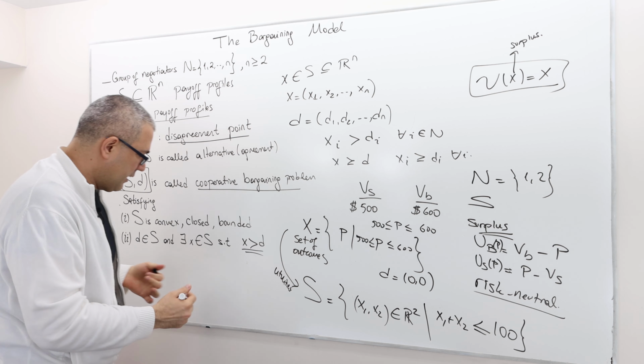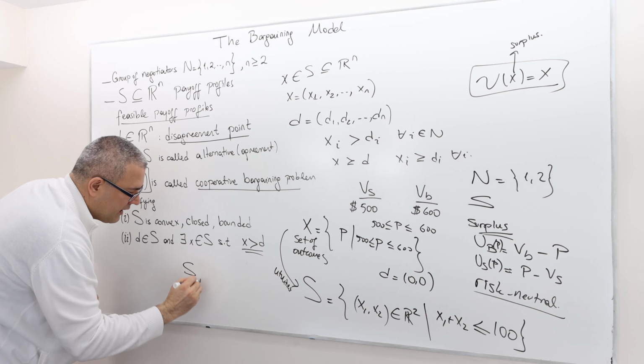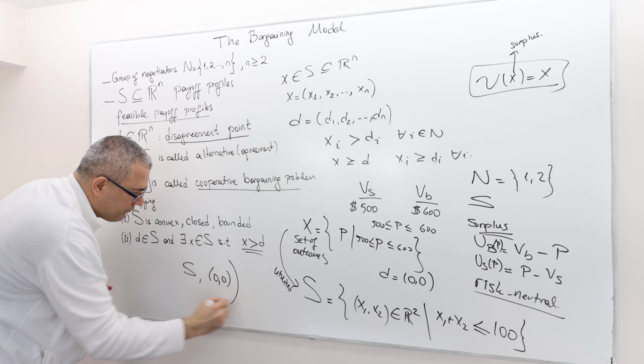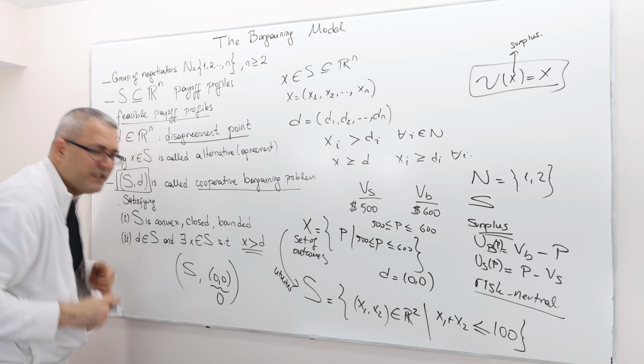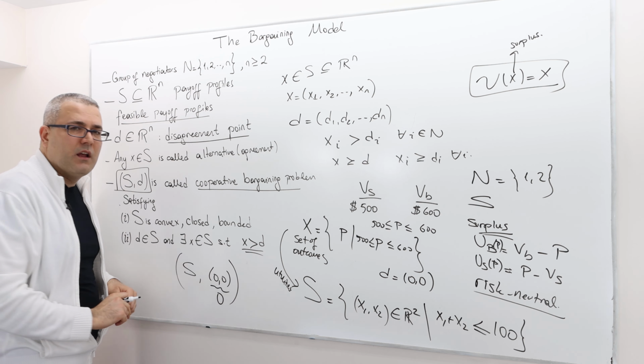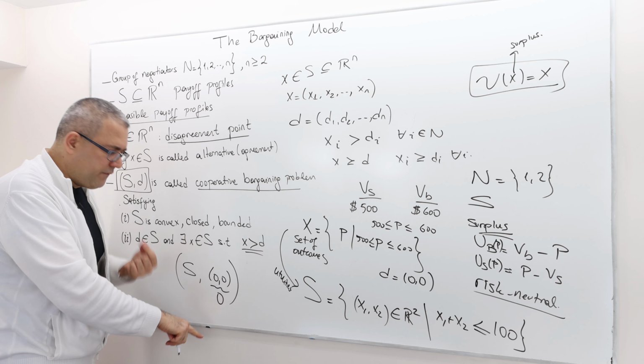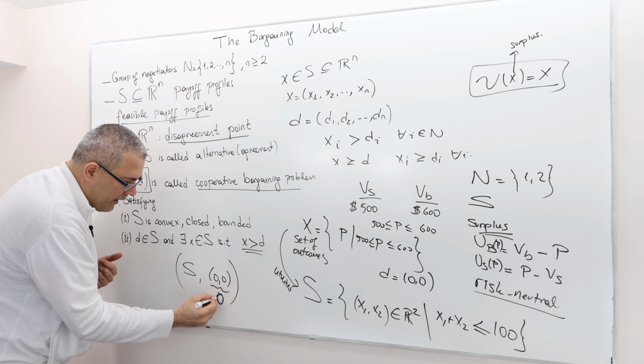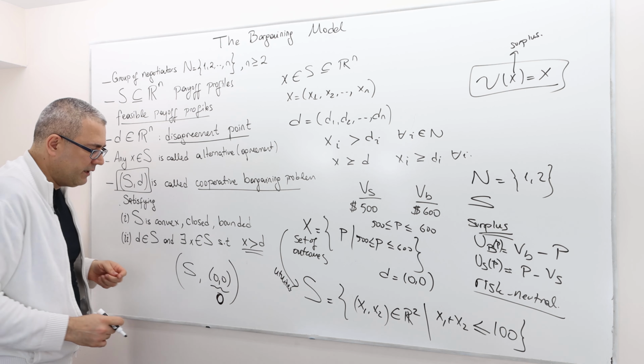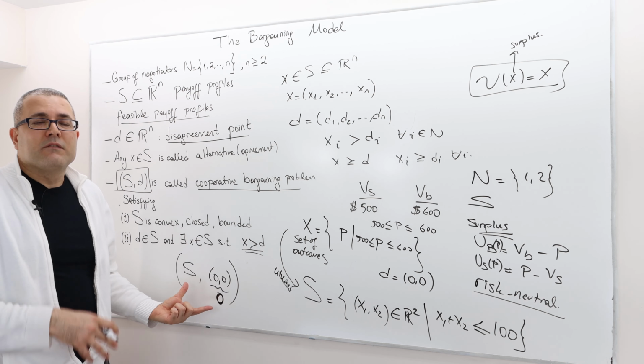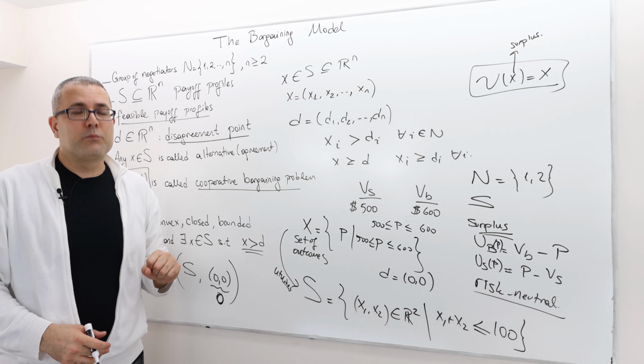So, to be more specific, this S, comma, 0, 0, which we sometimes call the zero vector. This is not the zero number, but the zero vector. Usually we make it bold, but I can't do it here. So this represents the bargaining problem.